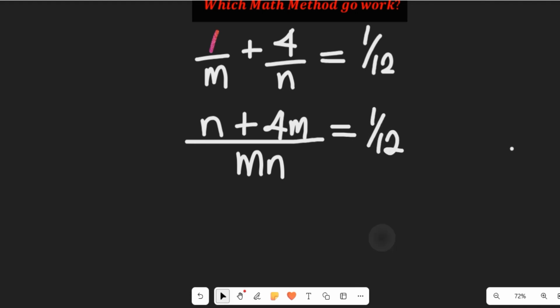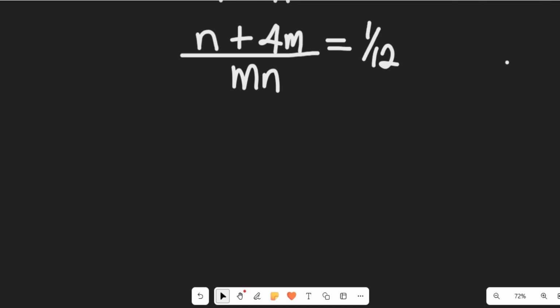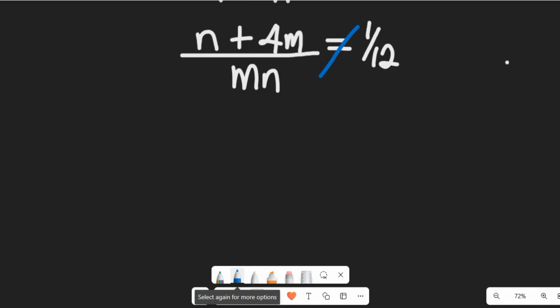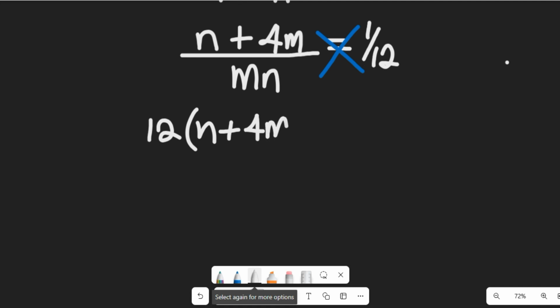Now the next thing we ask ourselves is what we will do to reduce this expression. When you see an expression that is a fraction with an equal to sign, the next thing that comes to our mind is to cross multiply. So if we cross multiply, it gives us 12 times (n plus 4m), and this will be equal to mn times 1.